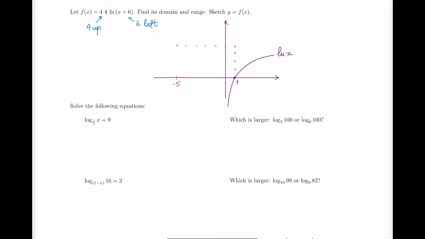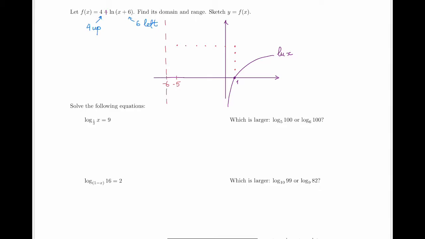But I can also think of some other important features. For example, the fact that the y-axis was a vertical asymptote, which means that I can move it 6 units to the left, and it has to be a vertical asymptote of my new function. So at -6, I'm going to have a vertical asymptote for my logarithmic function.